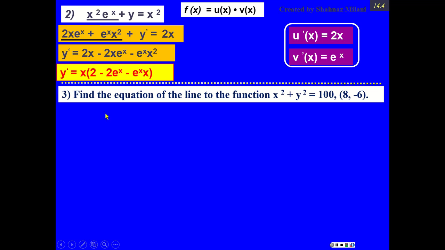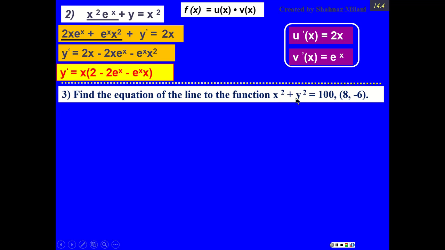Now, problem number 3. I have to find the equation of a line. That means first, I have to find the derivative because I need the slope, and I do have a point already. Derivative of x to exponent 2 is 2x.